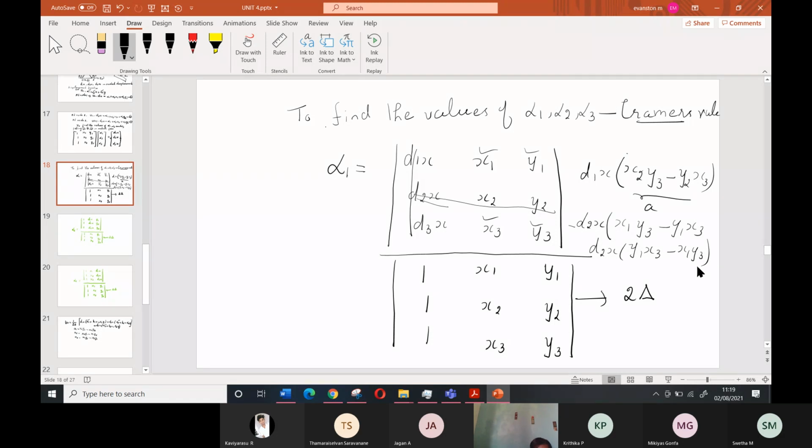A2 is x3 y1 minus x1 y3. So this is correct. Can you find out the value of d3x and tell me? So this is plus, minus, plus. You check the value of d3x and tell me. You find it out. After finding out, somebody read it for me. Then only I will know whether you have understood or not.